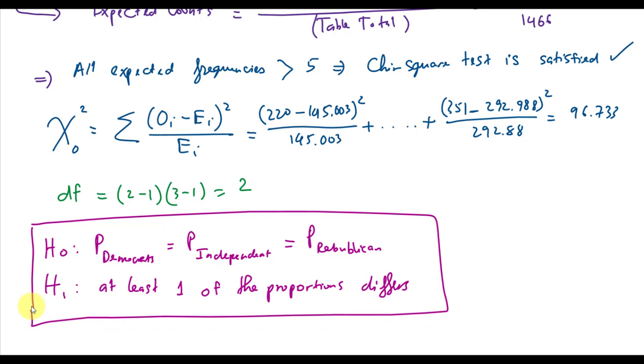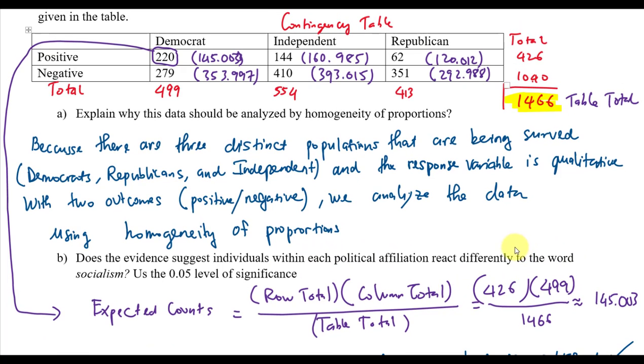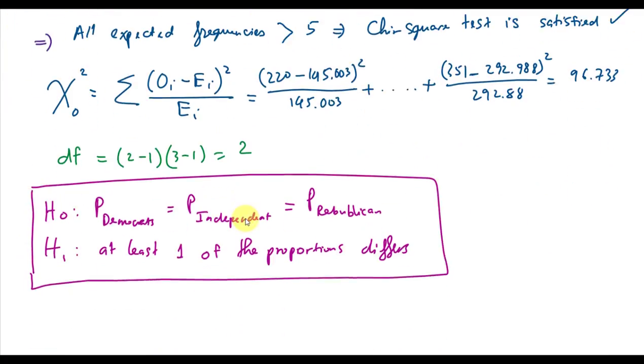Alright, so how do I check? Does the evidence suggest the individuals within each political party react differently to the word socialism? That means we need to check if they have the same proportion or they don't, right? So we need to check if we reject the null hypothesis or we fail to reject. Well, we can use the chi-square. We can use the p-value approach for this one.